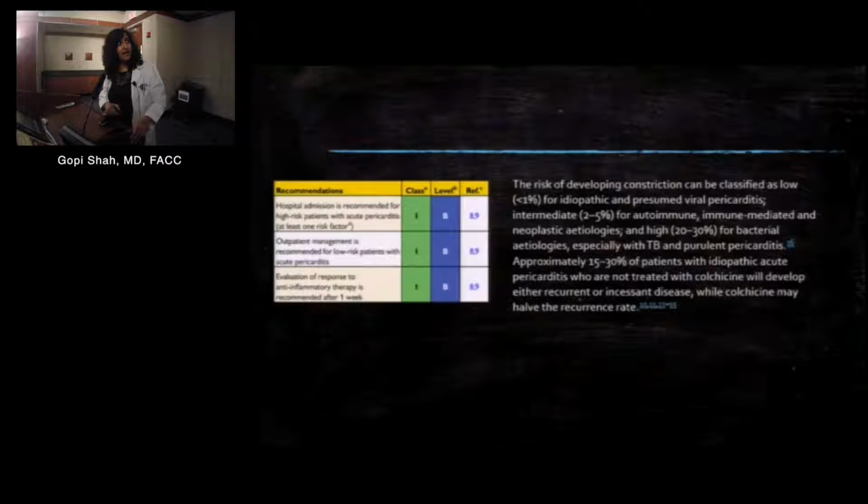It gets higher with autoimmune, immune-mediated diseases, or neoplastic etiologies, and very high for what we see in the developing world, the bacterial and particularly tuberculosis or purulent pericarditis, which we don't see here. And the statistic they have quoted is that 15 to 30% of patients with idiopathic acute pericarditis who are not treated with colchicine will develop either recurrent or incessant disease, which puts them at risk for developing constriction later.